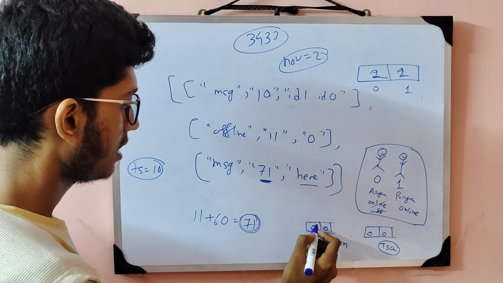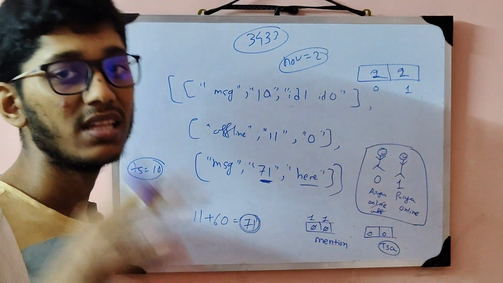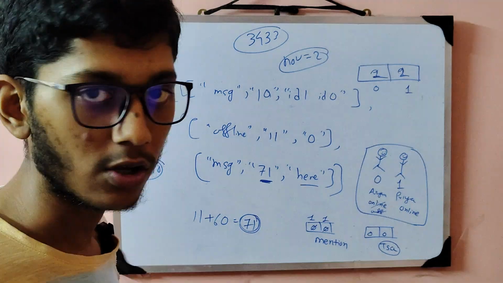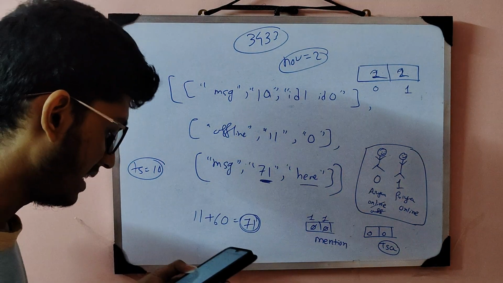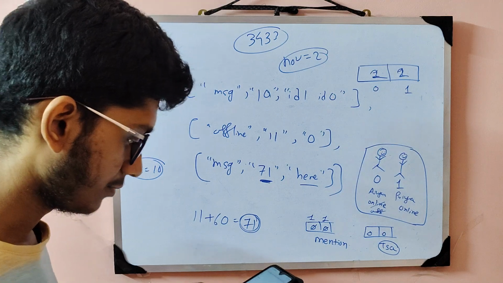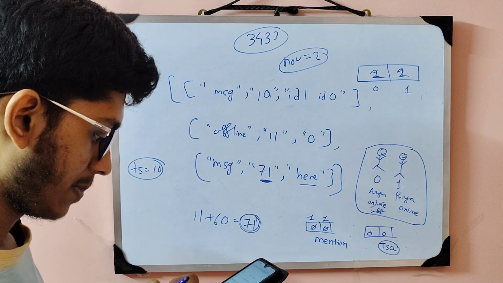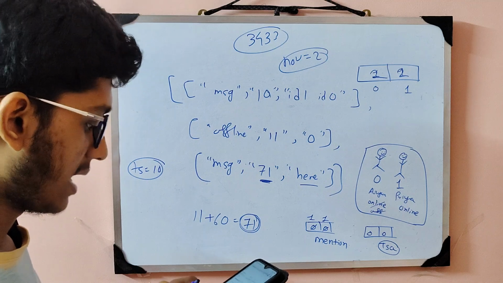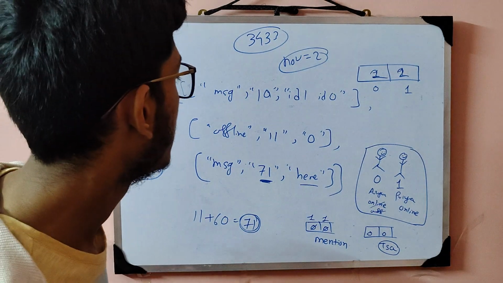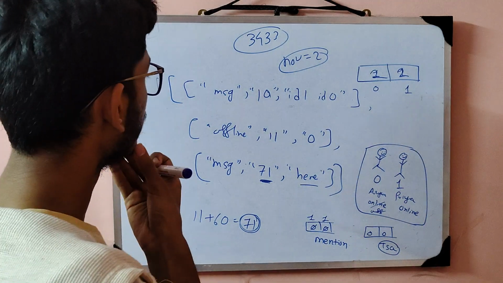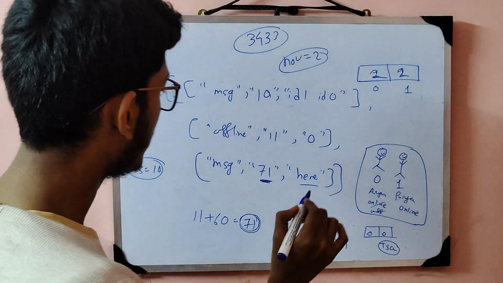Here 1 and 0, just increment 1 and 0. You don't have to check if they're online, if they're offline. You don't have to check all that. It is already written here. When you get the IDs, just increment them. Yeah, here you can see this can even mention the offline users as well. So you can do it. You have mentioned 1 and 1.